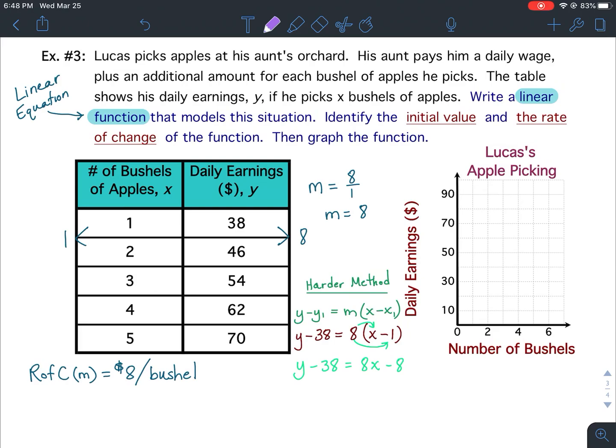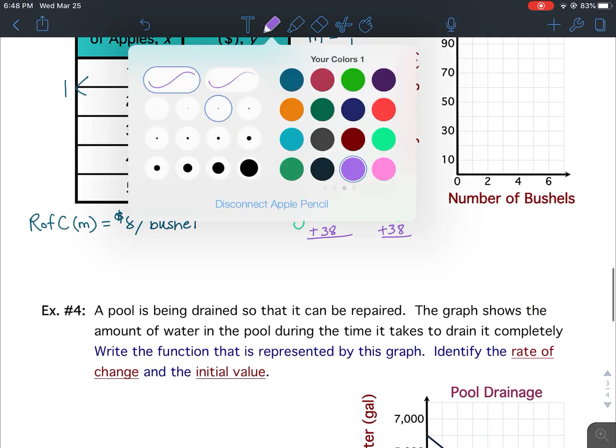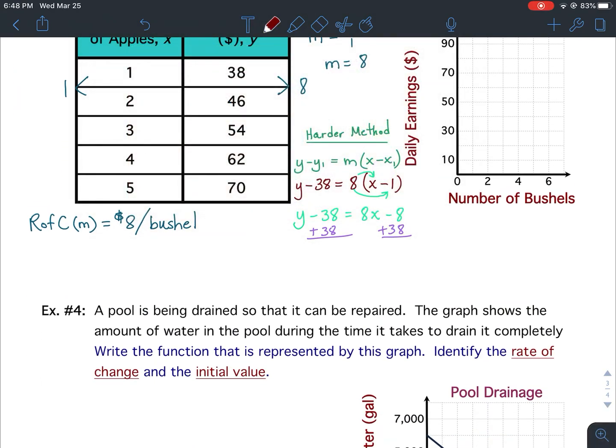Then I need to isolate the y because I need it to be y equals. So to isolate the y, I use the inverse operation to get rid of the 38 since it's a negative 38. I'm going to add 38 to both sides. Again, we've done problems like this, so you should understand what I'm doing. So those would cancel out.